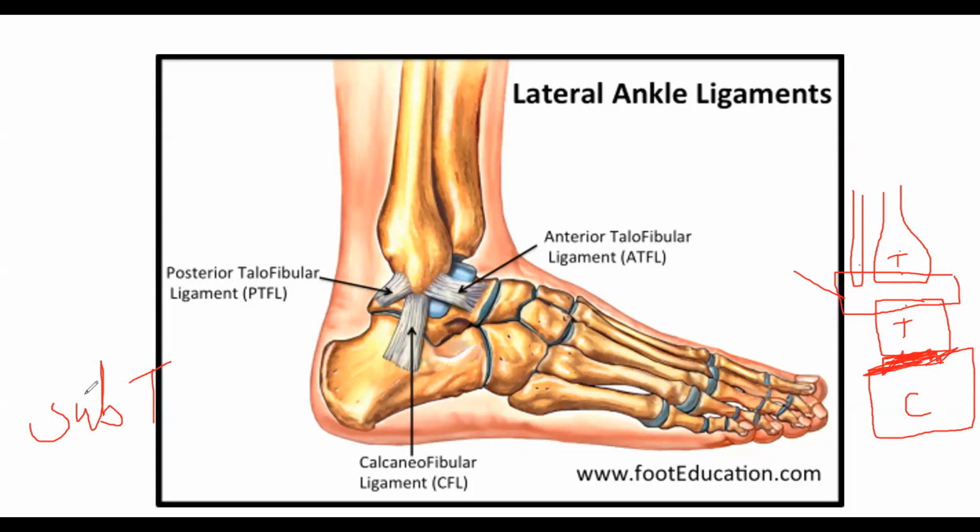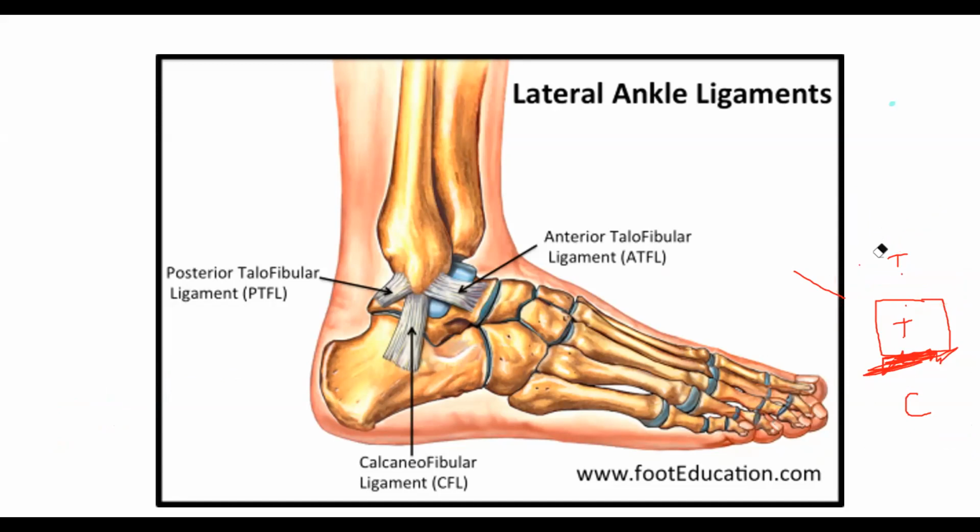Now, according to ligaments, what are ligaments? Ligaments are structures which connect two bones. So which are the bones that are connected? In the tibia and fibula, there is a medial side and a lateral side. We are focusing first on the lateral side.